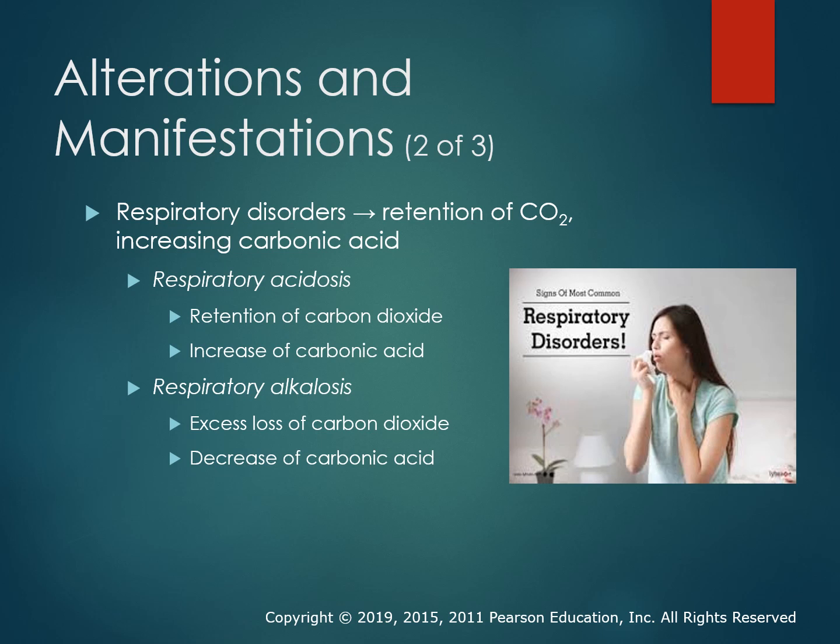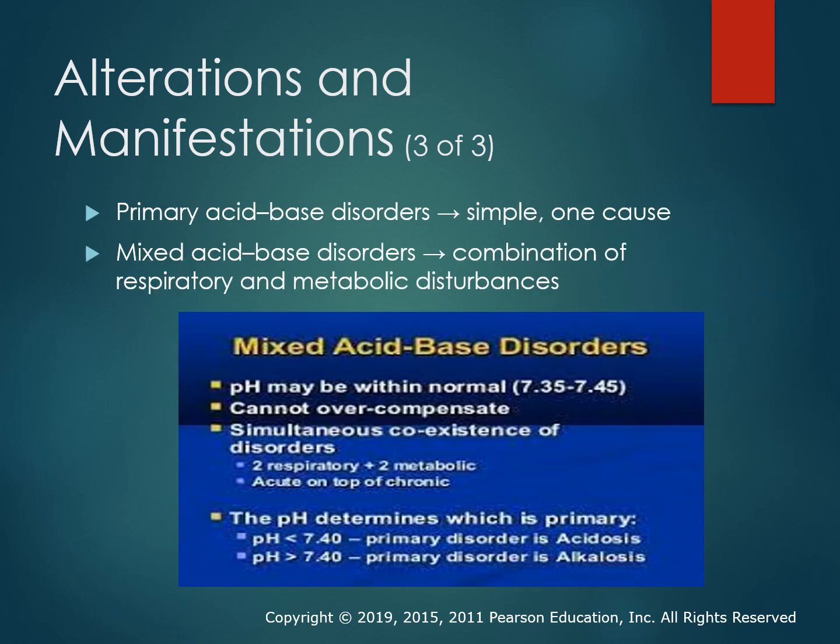And I know that's confusing, but the more you read it, the more it will make sense. Any condition that causes hypoventilation may result in respiratory acidosis and hypoxemia, while any condition that causes hyperventilation often results in respiratory alkalosis. So hypoventilation, you're not breathing enough. Hyperventilation, you are breathing too rapidly.